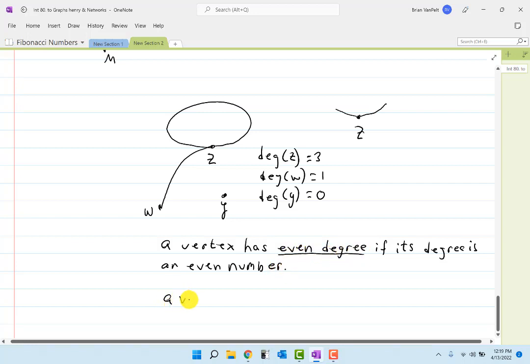My guess is you could do this one on your own as far as defining it. A vertex has odd degree if its degree is an odd number.